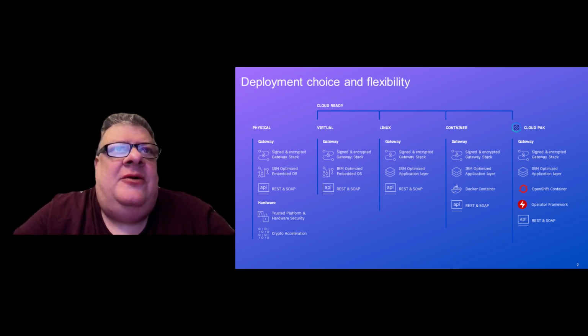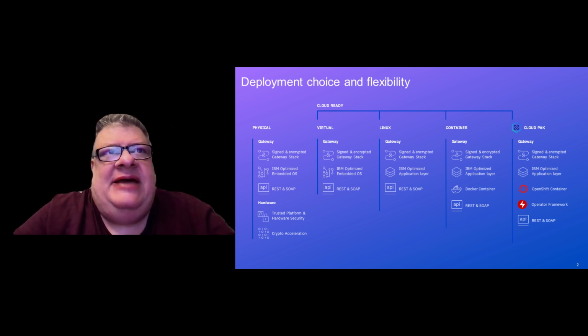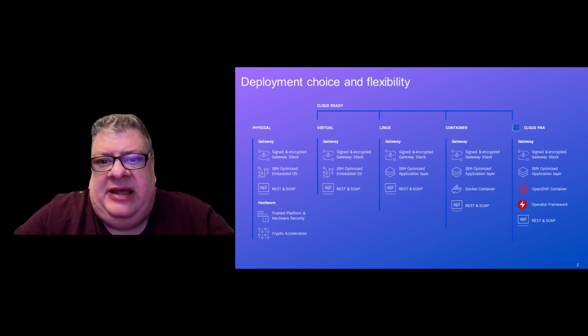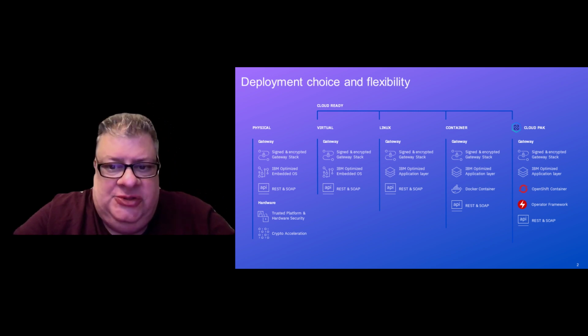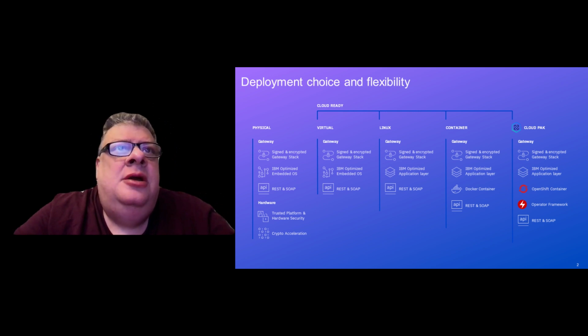We've always had that, and in the last 10 years or so, have had the virtual DataPower, which started out as just VMware for those who had a VMware virtualized data center. And then more recently, over the years, we have moved into the Linux form factor.